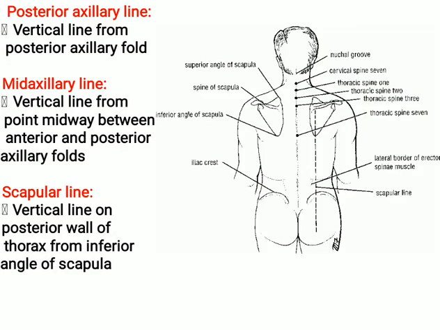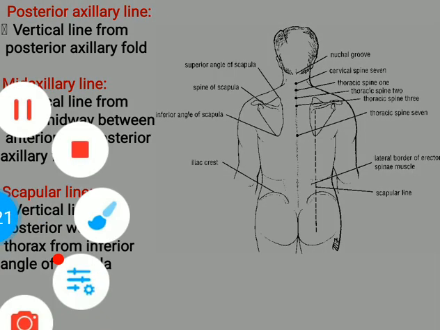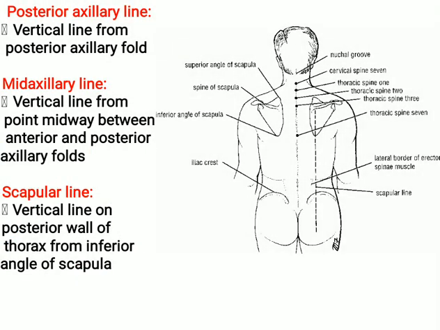I'm going to illustrate more. Then we have the mid-axillary line. It's a vertical line in between the anterior and the posterior axillary folds. We can clearly observe this when a person raises up the hand. That is when the armpit is clearly observable.